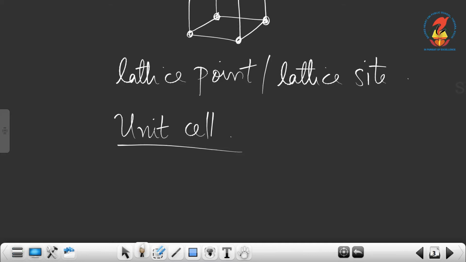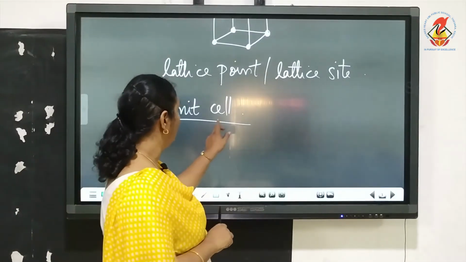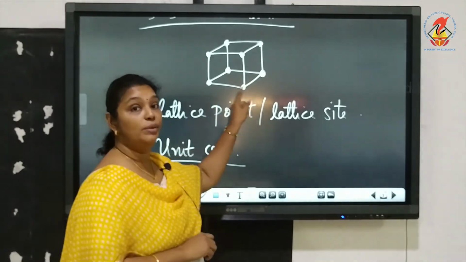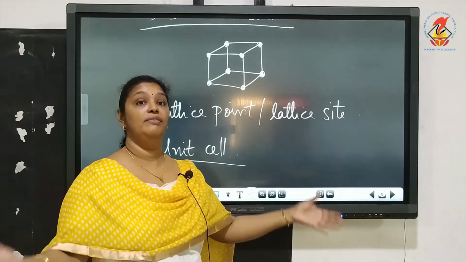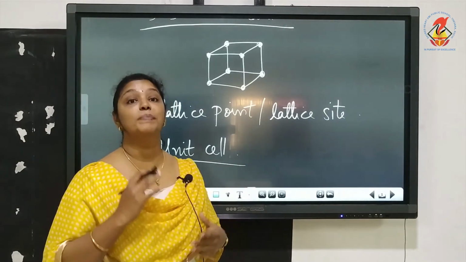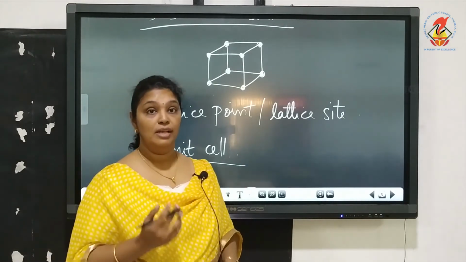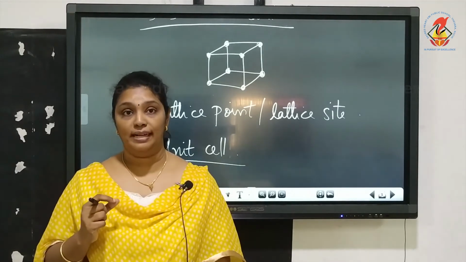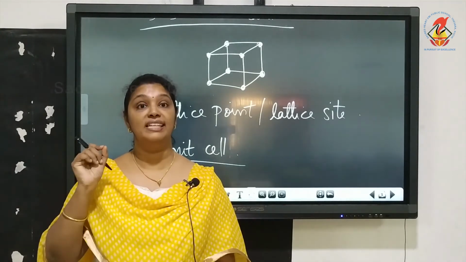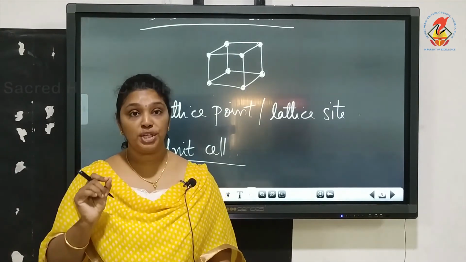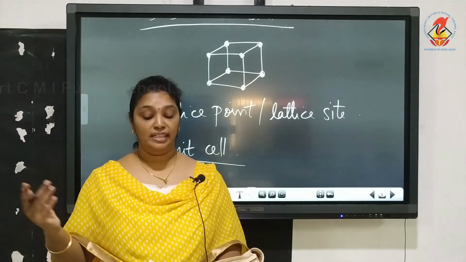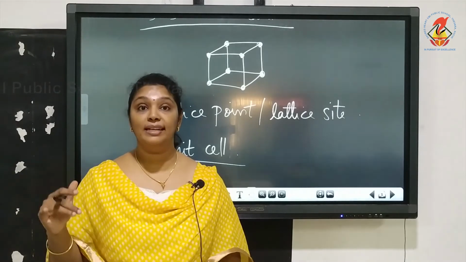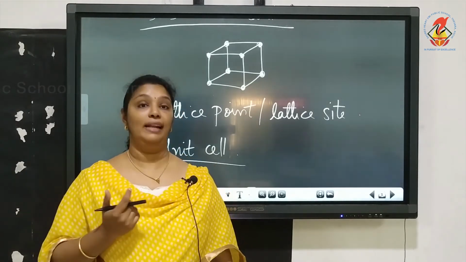Unit cell. Now, what I have drawn here is a unit cell. A large number of unit cells will together form a space lattice or crystal lattice. So, what do you mean by a unit cell? We can say a unit cell is the smallest portion of a crystal lattice which, when repeated in different directions, generates the entire lattice.